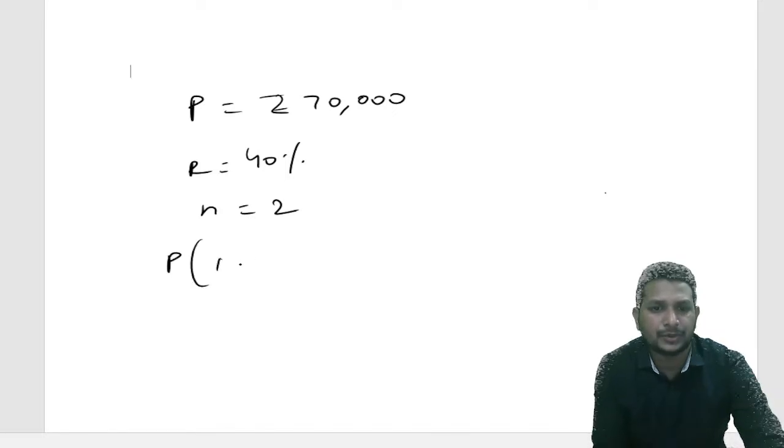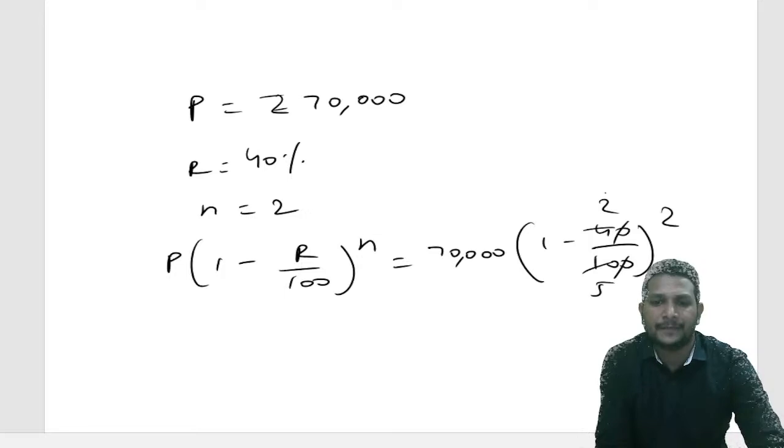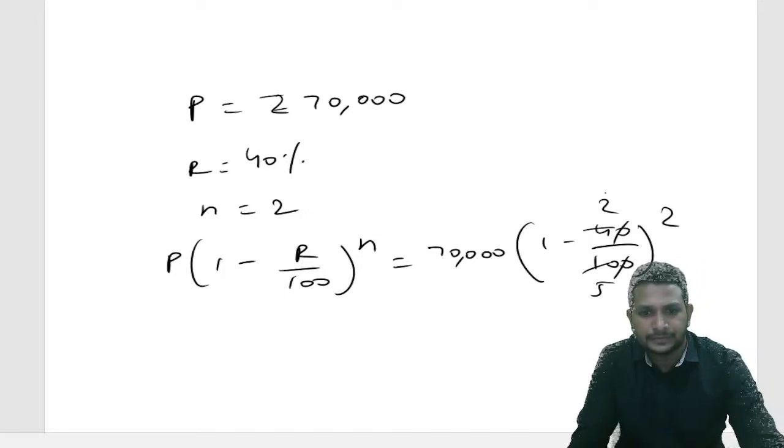So P into (1 minus R by 100) power n, because this is a depreciation, a decrease. So 70,000 into (1 minus 40 by 100) power 2. 0, 0 cancels, 2 2s, 2 5s.